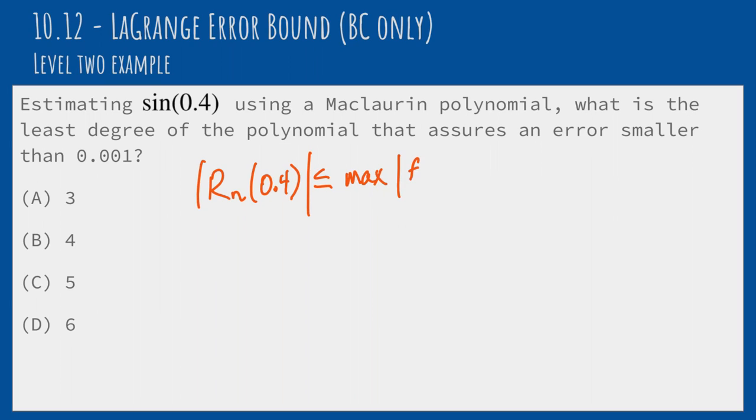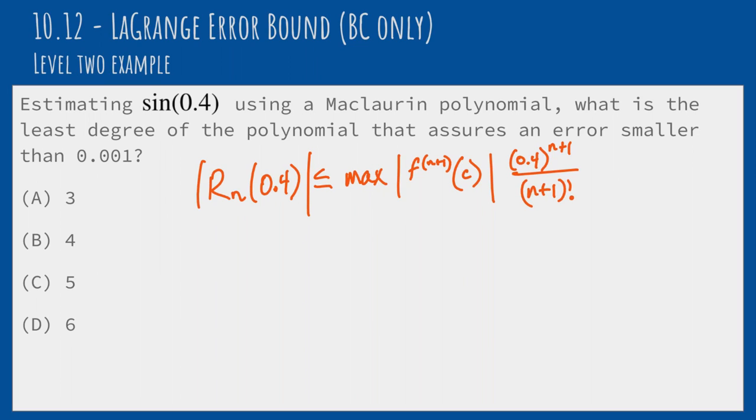I'm saying that sine of x is f of x here. So the n plus first derivative of sine evaluated at some point, and that point is going to be somewhere between 0 and 0.4. And then that's going to be times 0.4 to the n plus first power, over n plus 1 factorial.